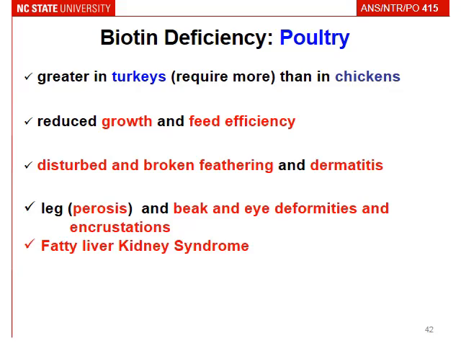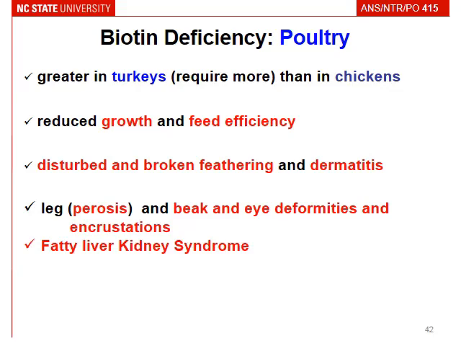Now, there are differences within poultry and their requirements. Our turkeys require more biotin as a percentage of their diet than chickens, and it's not just because turkeys are bigger, so they just have greater needs. Because of that, you're more likely to see a biotin deficiency within our turkeys. You will typically observe reduced growth and feed efficiency. And as with all the B vitamins, you'll see some sort of dermatitis.